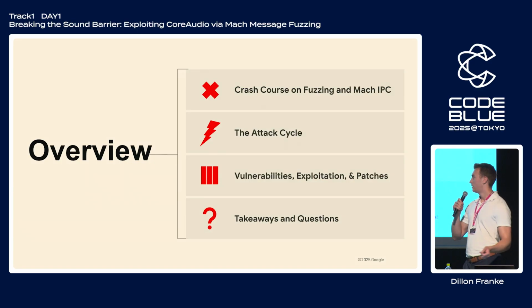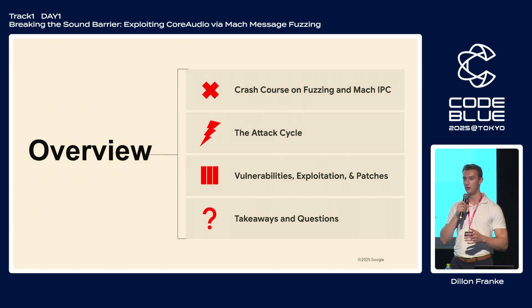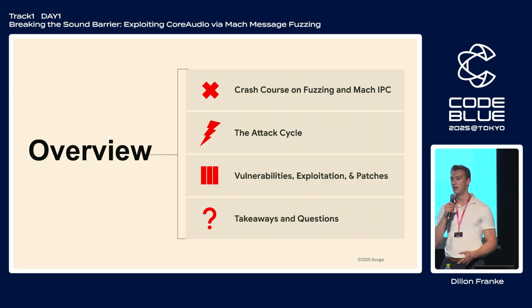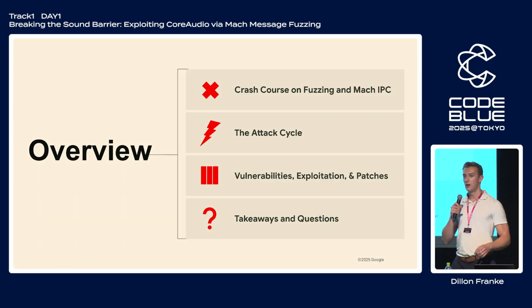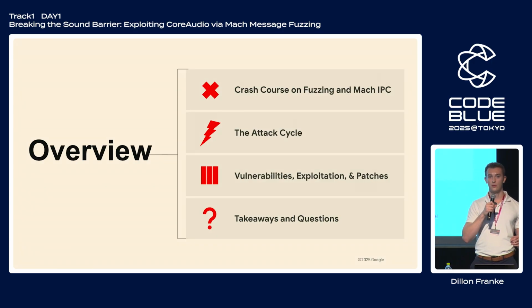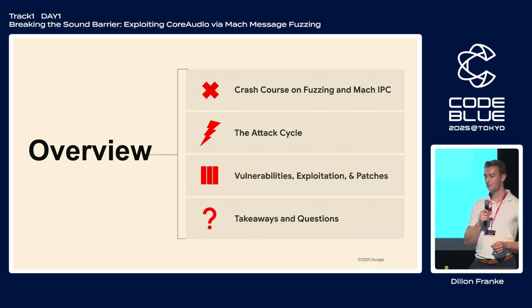So today, I want to start by giving you a bit of a crash course on fuzzing as a concept for vulnerability research, as well as a little bit of a background on what Mach IPC is and how interprocess communications work in the Apple ecosystem. Then I'm going to walk you through the specific attack cycle that I took to both find and exploit vulnerabilities and the specific fuzzer that I wrote to do that.